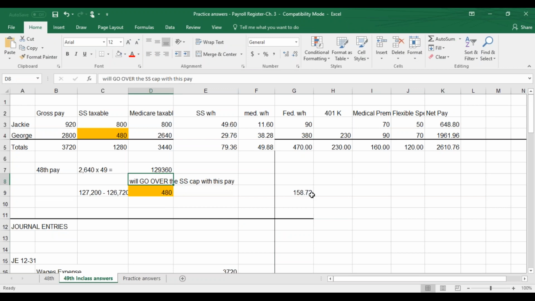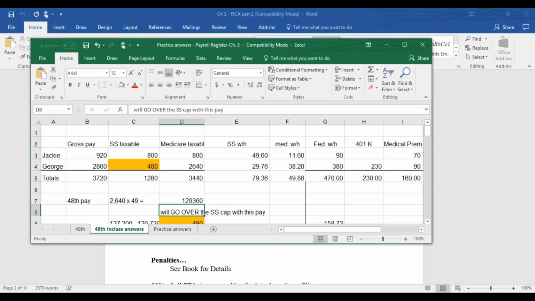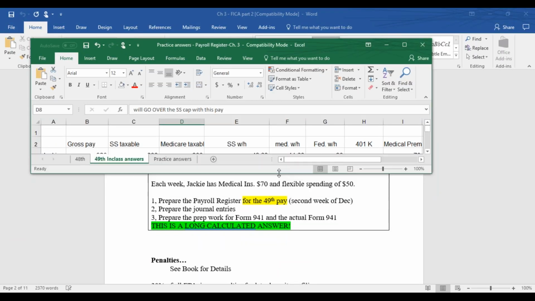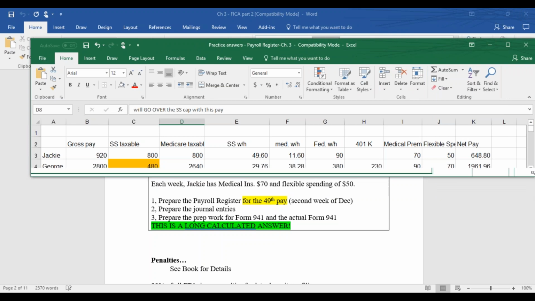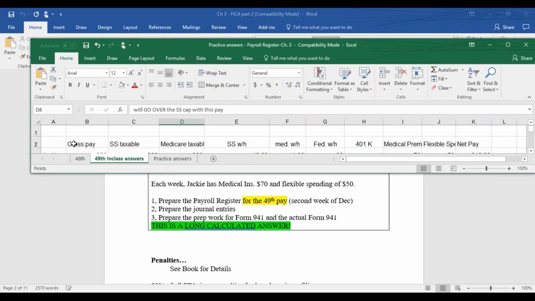Okay, looking at the 49th pay. If you didn't pause it yet because you're not really sure where to start, here are the primary column headings that I would use. We have a gross pay, and then a difference between Social Security and Medicare taxable wages, because one of the employees will hit the cap on this pay period.